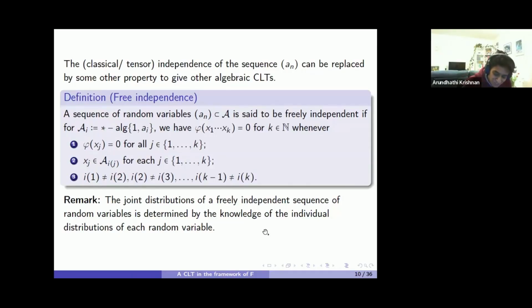And well, now that we've defined free independence, I promise there will be something. Sorry. Can you see that easily, that the joint distributions are determined, or no? Yeah, I think there's a fairly easy to show lemma which shows you this.